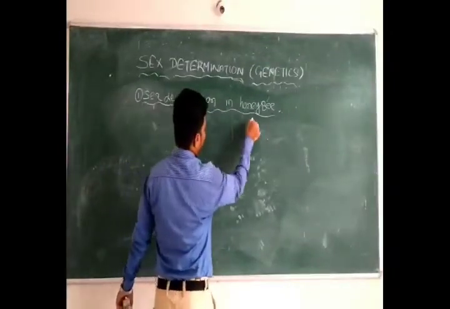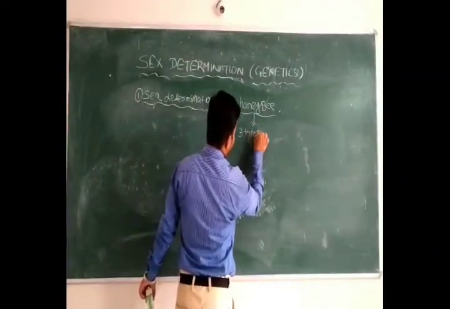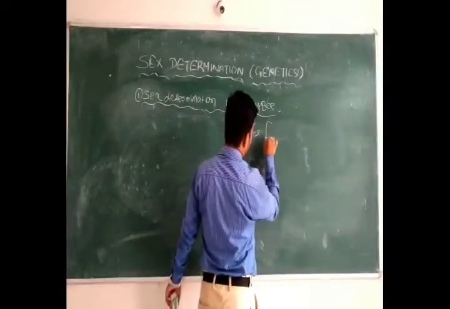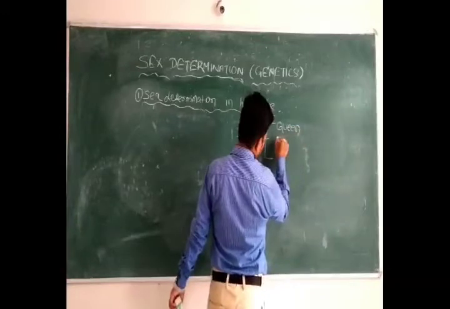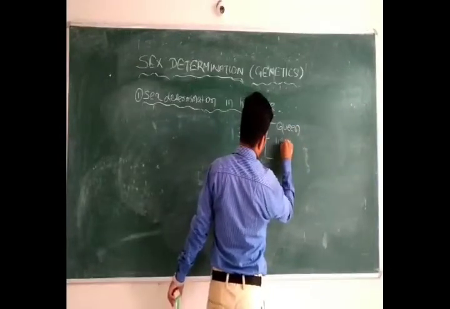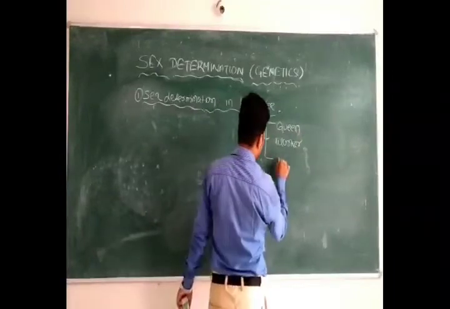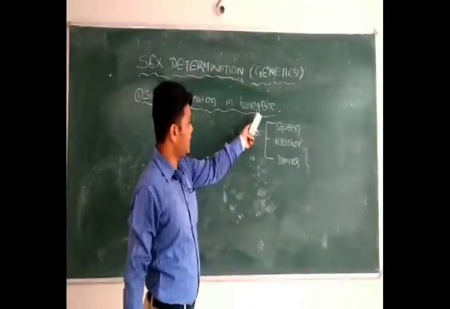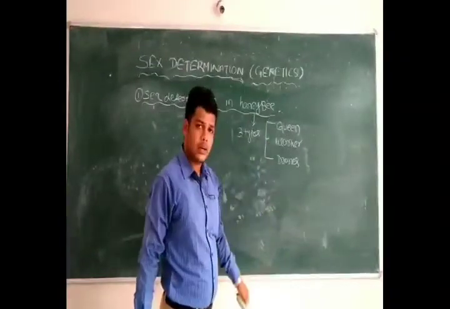Mainly the honeybee is of three types, that is queen, female worker and drones.